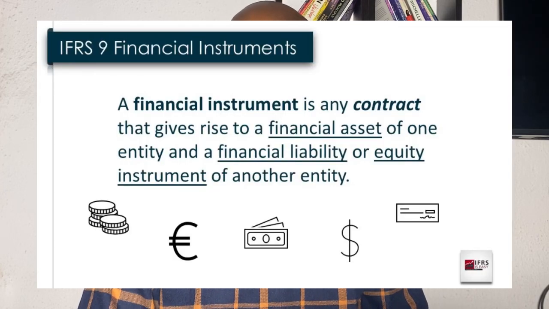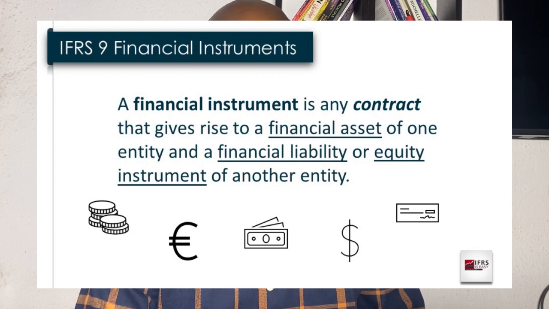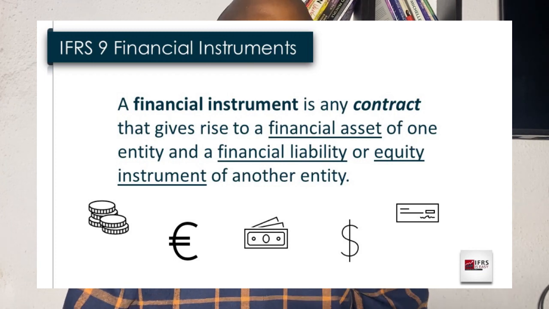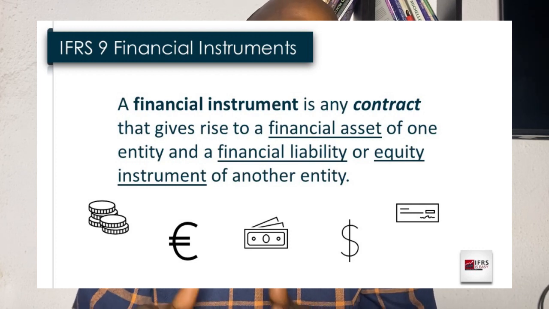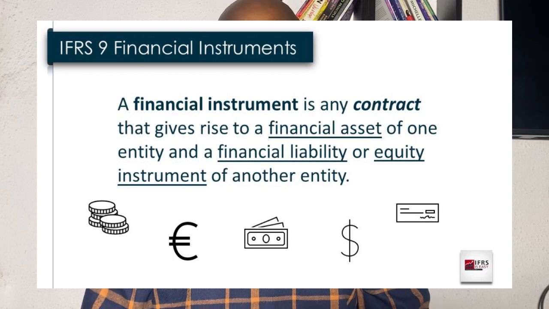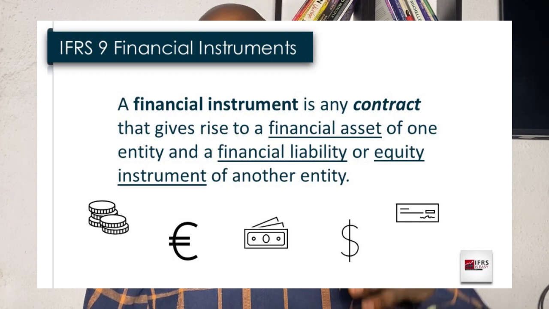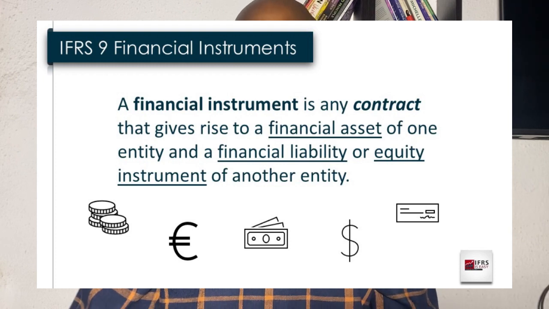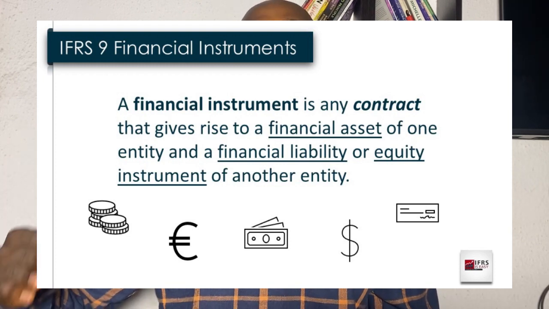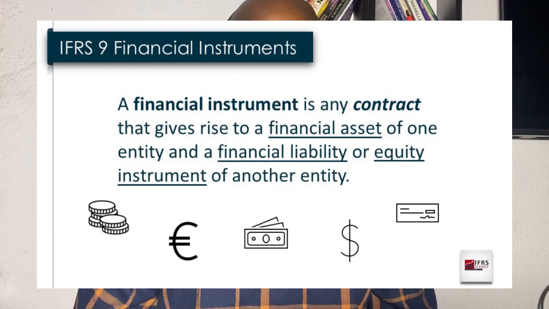Now it says here that it gives rise to a financial asset of one entity and a financial liability or equity instrument of another entity. What we are saying in essence is that at any point in time when there is a financial asset somewhere, there has to be a financial liability or equity instrument somewhere else.